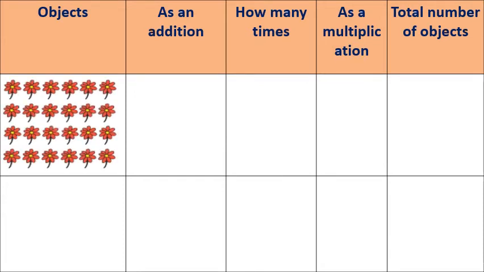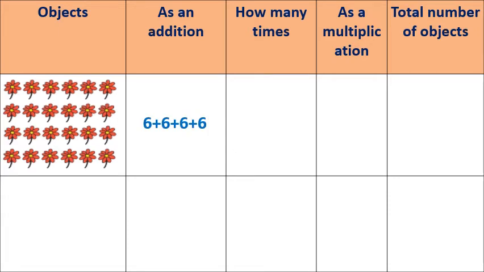Now here we can see the flowers in 4 rows. Each row has the same number of flowers. Now we will count one row and then we will add the same number 4 times. In the first row there are 1, 2, 3, 4, 5, 6. 6 flowers are there. Correct? So in each row there are 6 flowers. Means here 6 we will add 4 times.